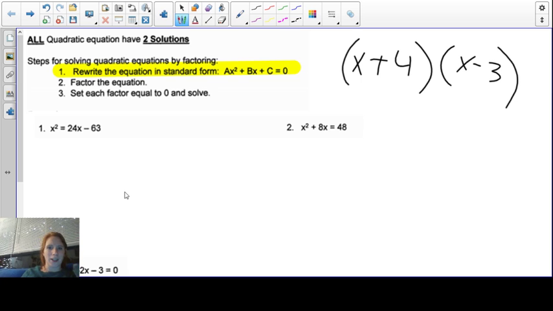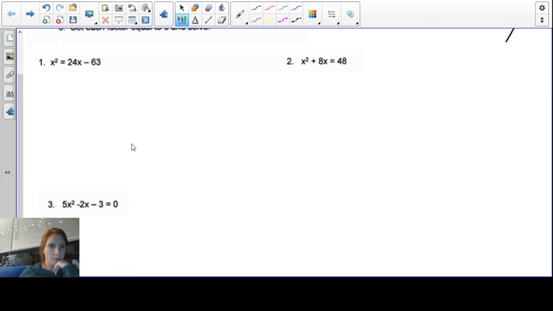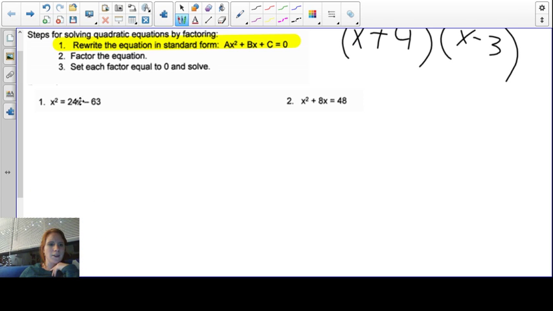And logically, I don't want negative x's, so if I take a look at this first one, let me move you down. Usually I would subtract over that x squared to get everything on the same side, but I want to keep my x squared positive, so I'm going to subtract 24x to both sides.